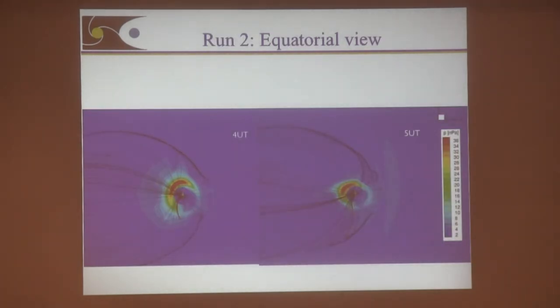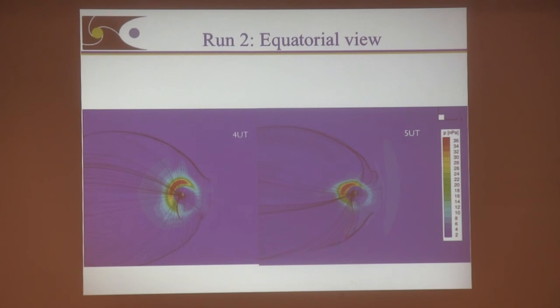So we believe, even though the spacecraft doesn't move much between these two times, the spacecraft will connect to field lines that are very dipole-like and also very stressed.